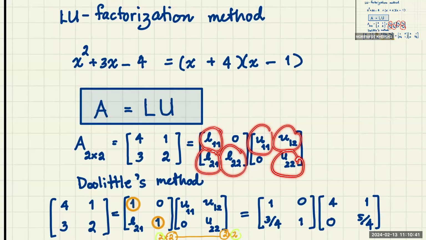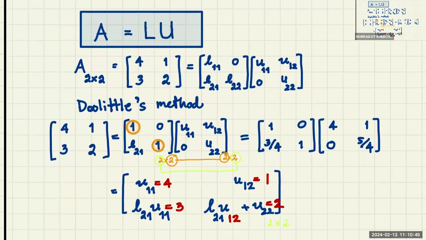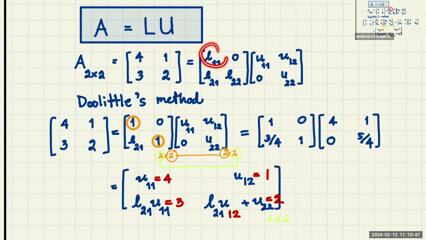So instead of these L11 and L22 being just any number, he fixed them so that it is 1. So Mr. Doolittle came up with the method called LU factorization, with L as the unit lower triangular matrix.